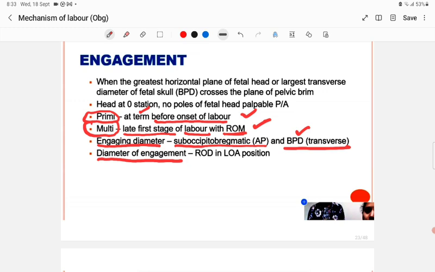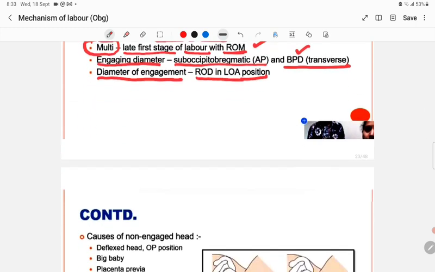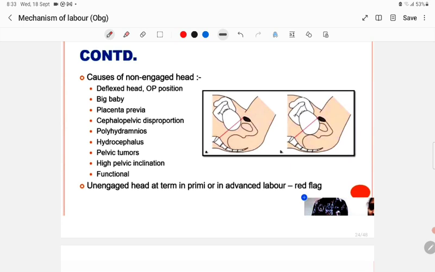The diameter of engagement of the maternal pelvis, in left occipito anterior position, is the right oblique diameter of the maternal pelvis.